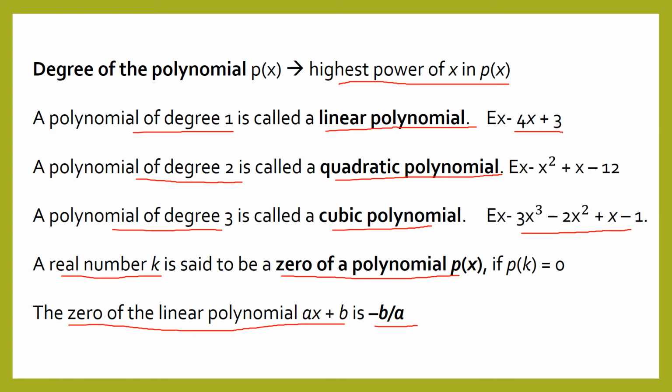Here what we see is that the zero of the polynomial has a relationship with the coefficients of the polynomial, where b and a both are the coefficients of the linear polynomial ax plus b. We will dig in more about this in the later exercise. Let's move to the next concept.